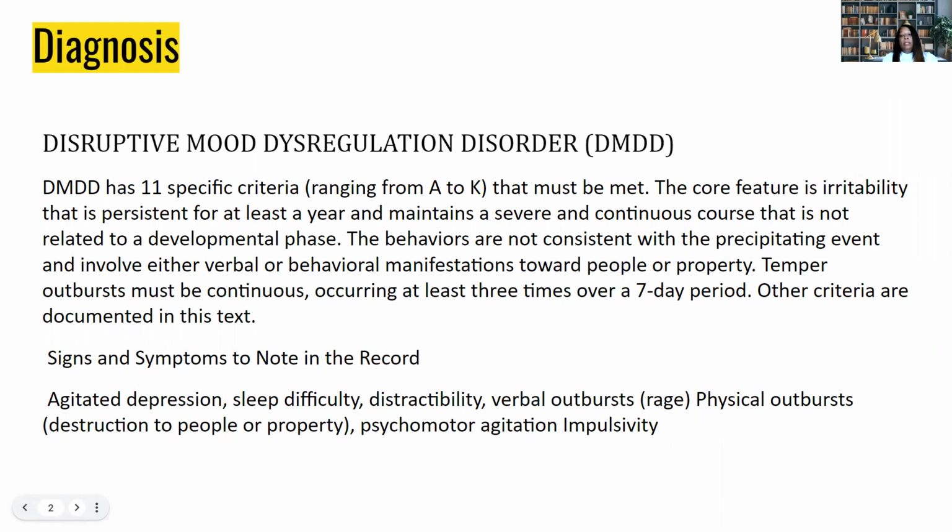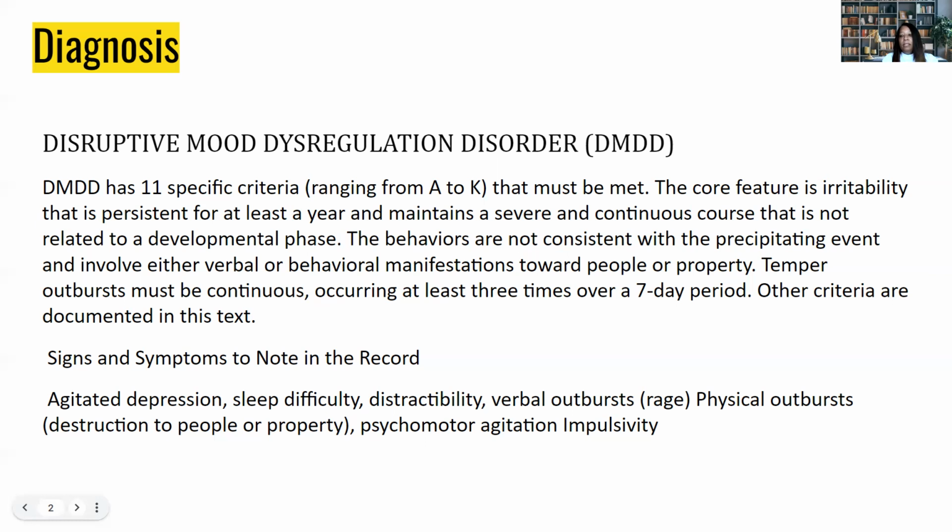The core feature is irritability that is persistent for at least a year and maintains a severe and continuous course that is not related to a developmental phase. The behaviors are not consistent with the precipitating events and involve either verbal or behavioral manifestations towards people or property. Temper outbursts must be continuous, occurring at least 3 times over a 7-day period, and other criteria are documented, okay?